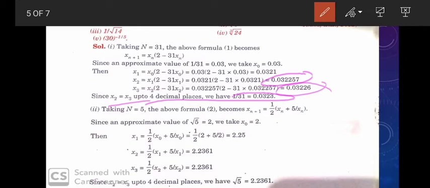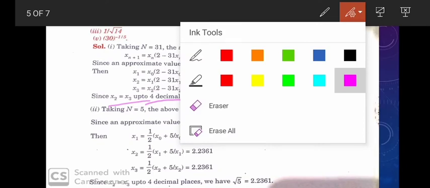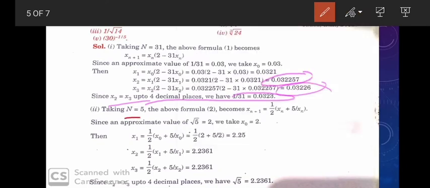Similarly, our second question is root 5. For root 5 we do the same. Here n is equal to 5, and if you look back, the formula for root n is x(n+1) equal to 1 by 2 (x(n) plus n by x(n)). In place of n I have written 5.